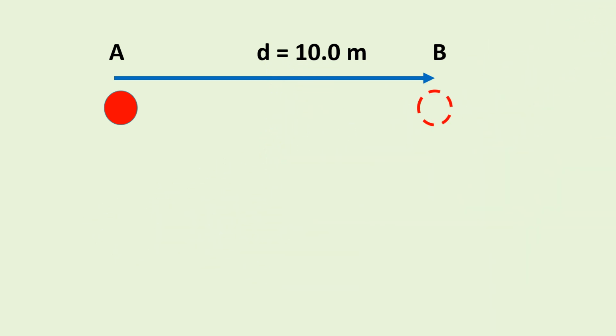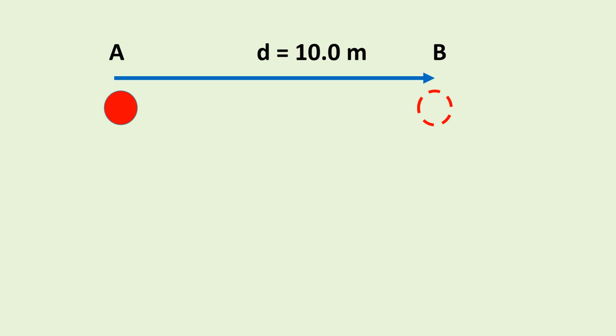We have the particle starting from point A, moving towards point B, which is 10 meters away. Then the same particle will be moving back from point B to point A. By the way, it takes the particle a time of 2 seconds to move from A to point B. But in moving from B to A, it took the particle a time of 3 seconds.